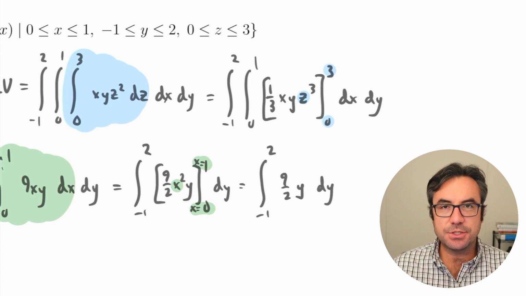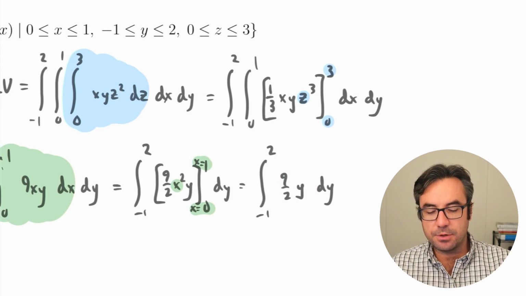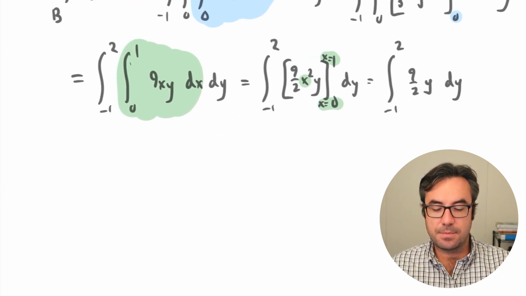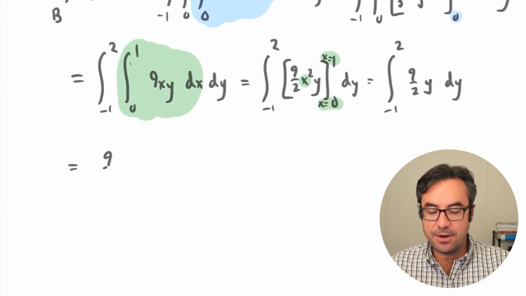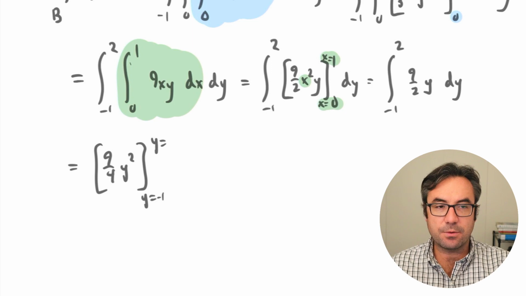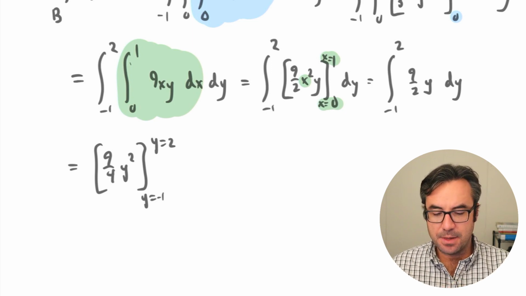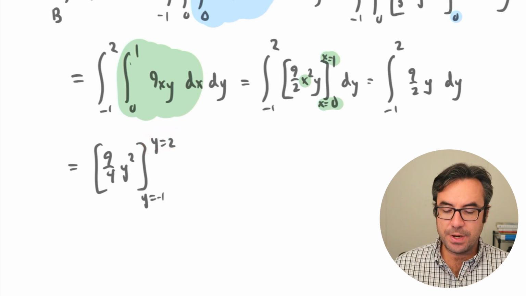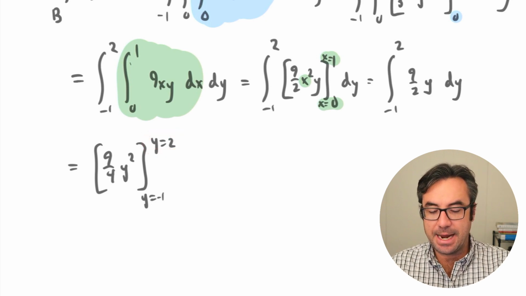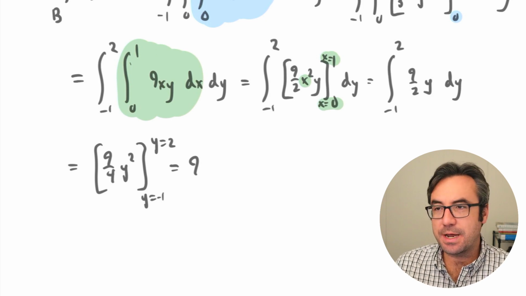And now we just have a y integral. So now this is just regular integration. Do one more power rule here. And we end up with 9/4 y squared. And then we'll evaluate this from y equals -1 to y equals 2. And if we plug in the 2, we end up with 9/4 times 4.